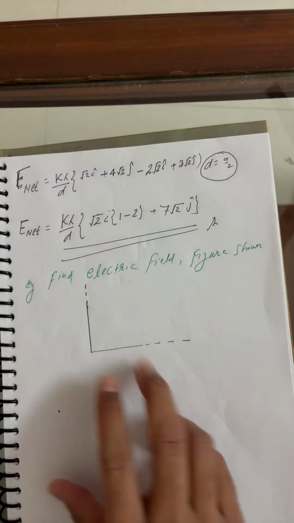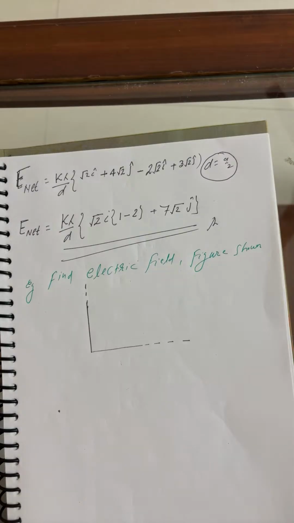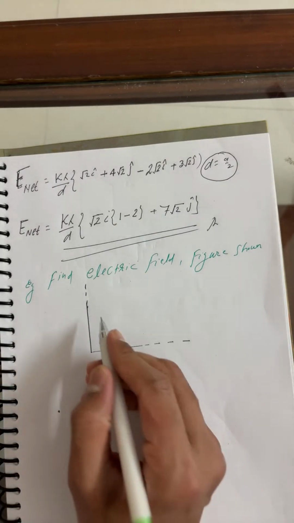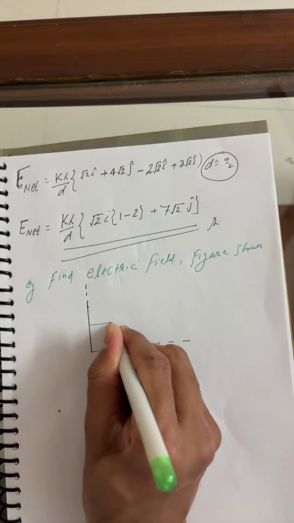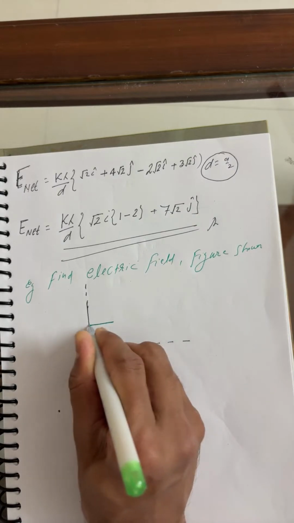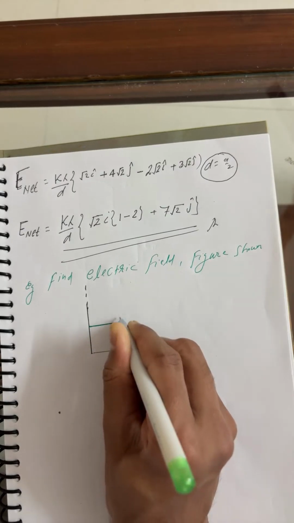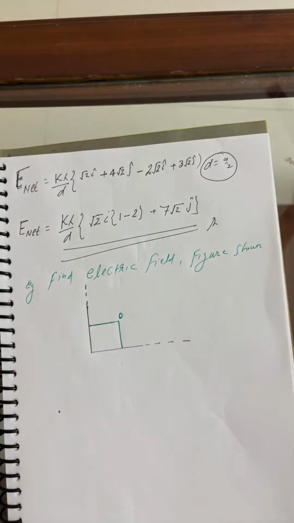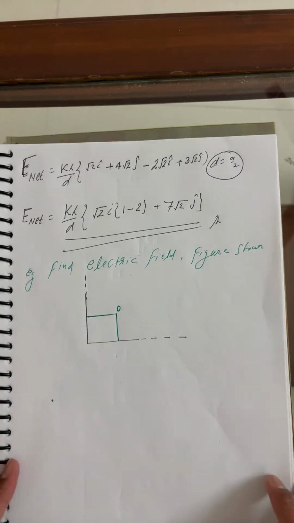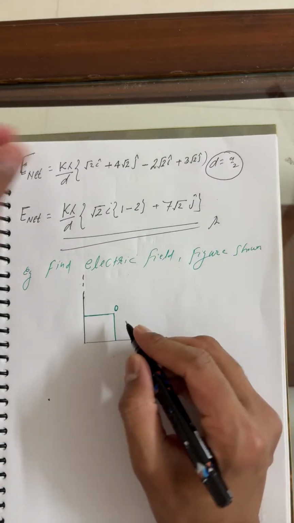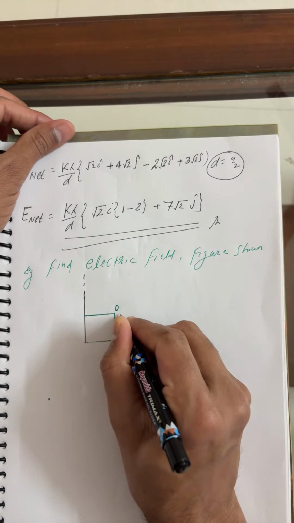You have to find the net electric field at point O. This is O. You have to find the net electric field at point O. You can try. This dimension is also mentioned.